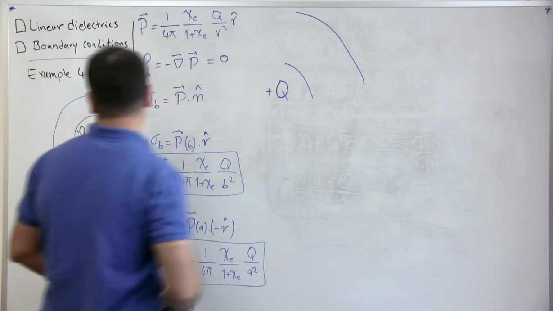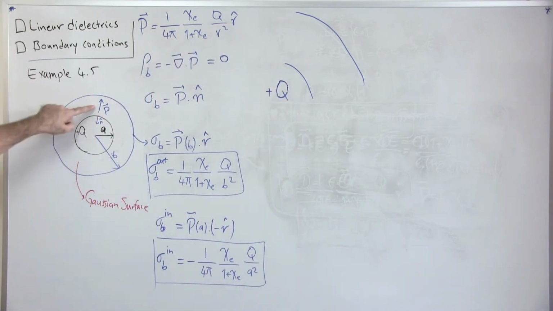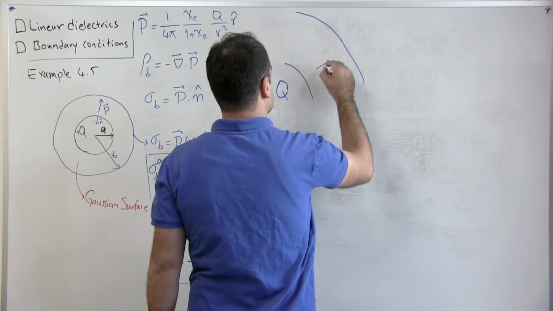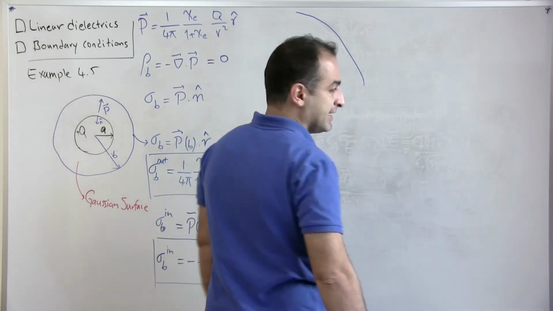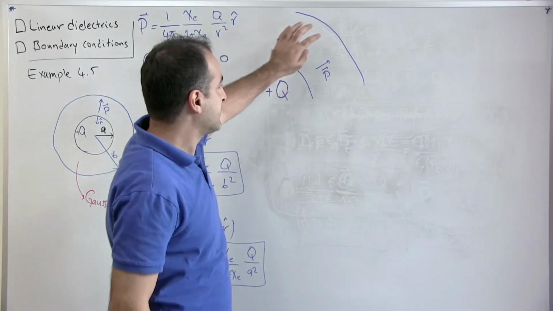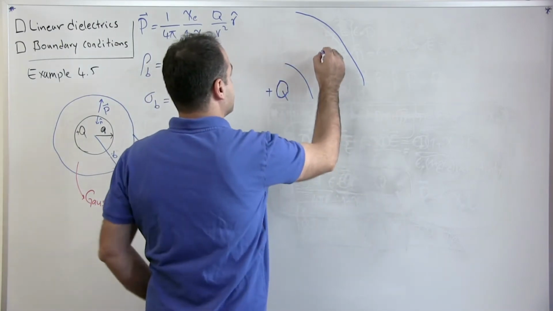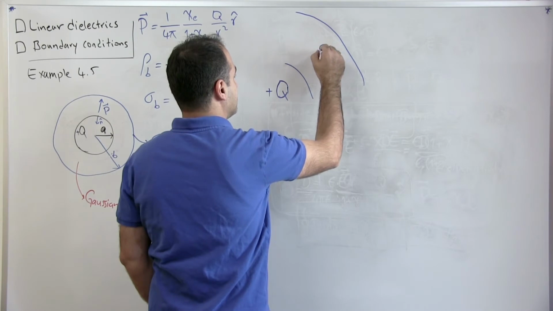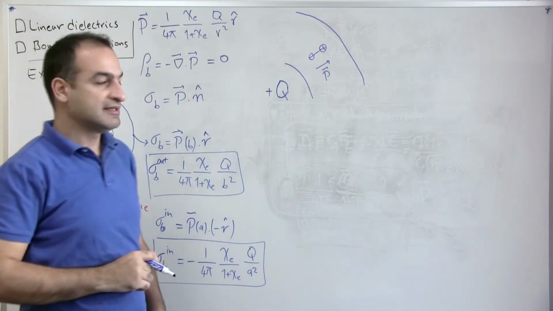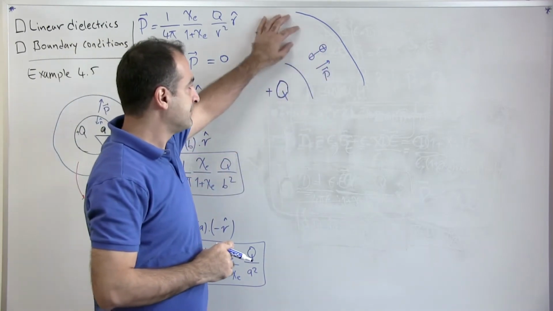And we said if Q is positive, the polarization is a vector pointing in the R hat direction. So the direction of polarization is this. It means we have dipoles inside this dielectric that align in this direction, positive and negative.